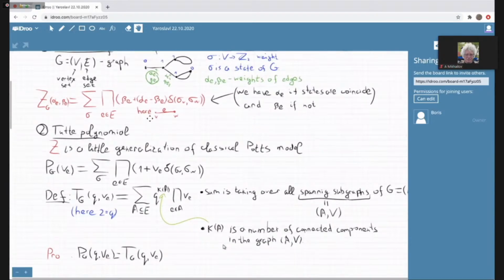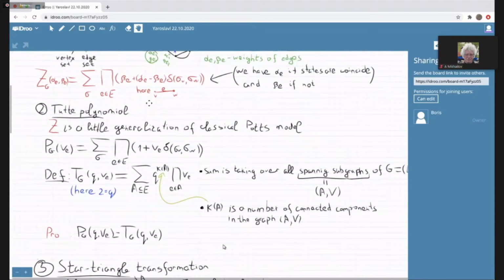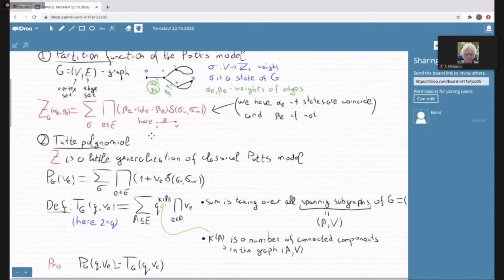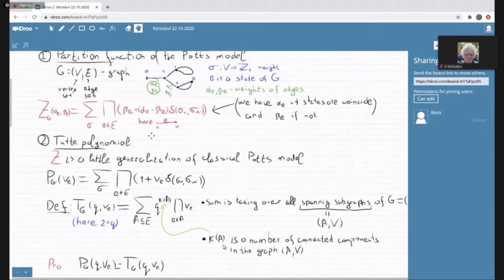Okay, then. We have this partition function, and of course the Potts model is a very well-known object. It has been known for maybe 30, 40, or 50 years that it has a connection with the Tutte polynomial.